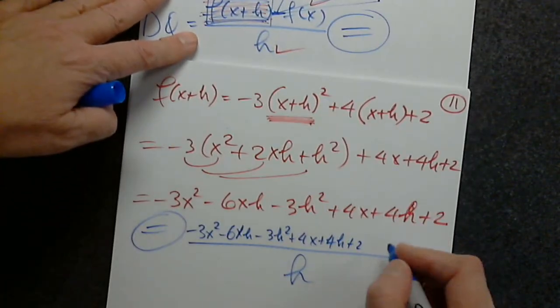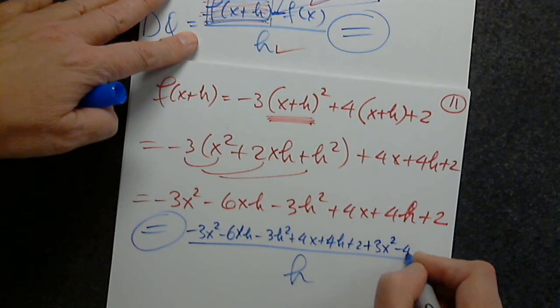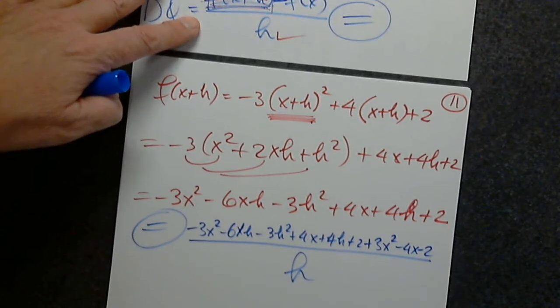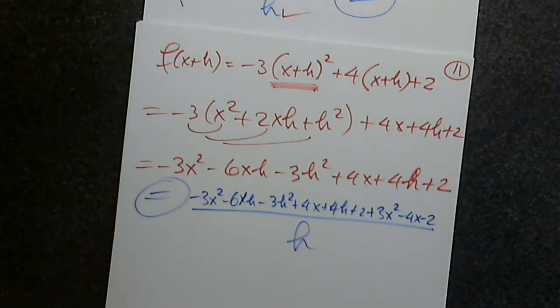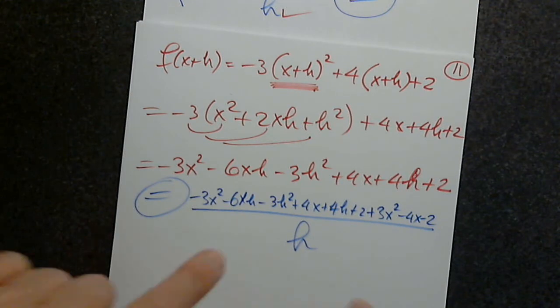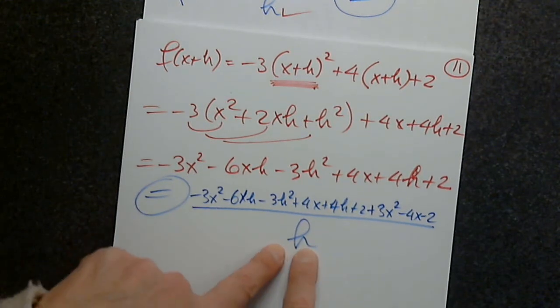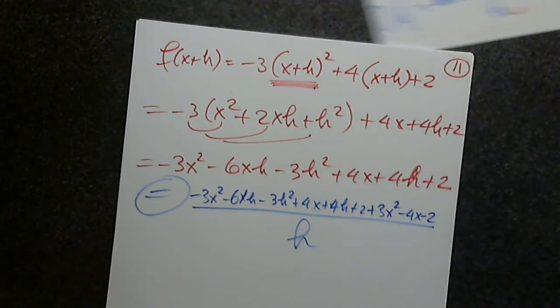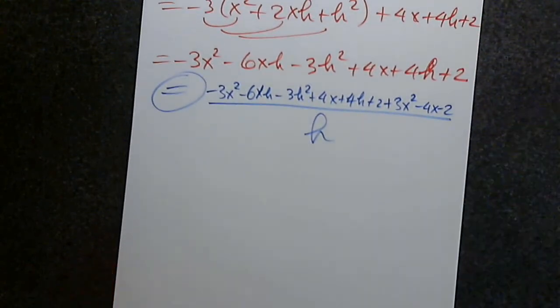So plus 3x squared minus 4x and minus 2. And we know that if terms without h do not cancel out, I'll say something is not right. And at the end, there is still an h left in the final simplified form, but not in the denominator, unless I have had a hiccup somewhere.